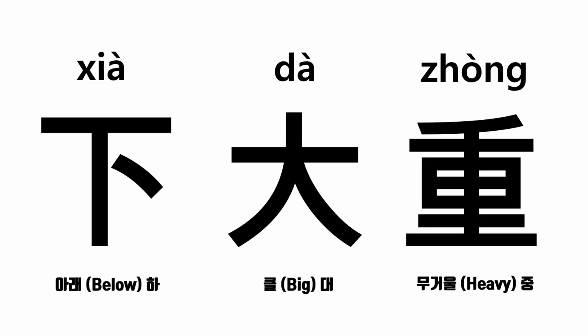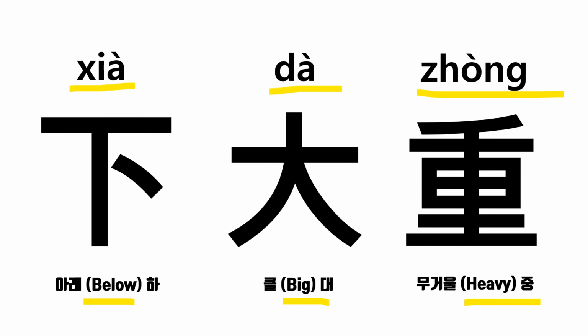The question is why these three characters, meaning below, big, and heavy, 下, 大, 重, have the tone number 4 value.